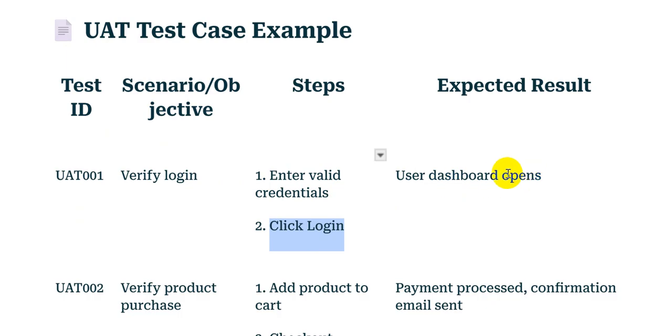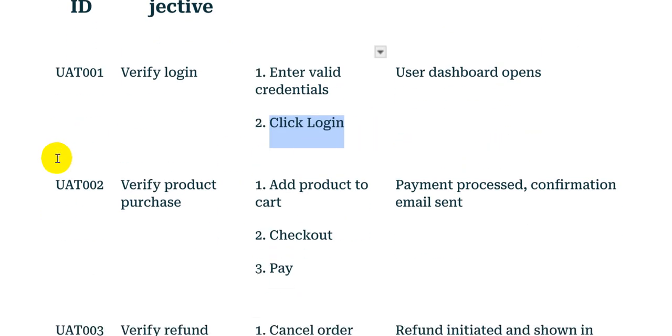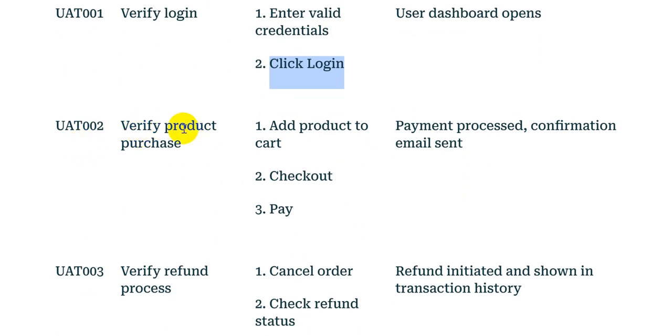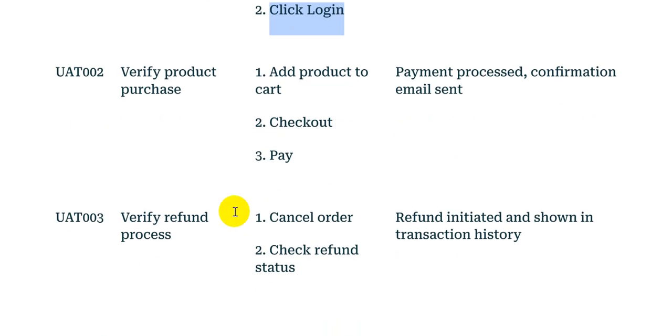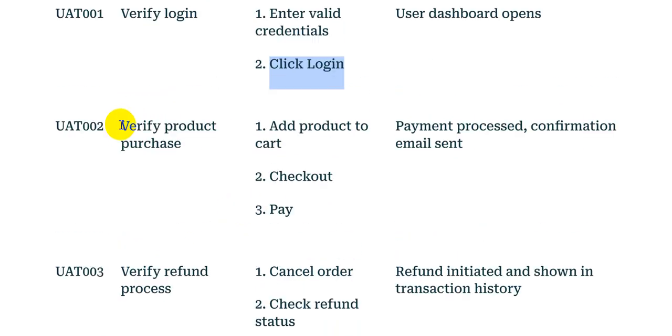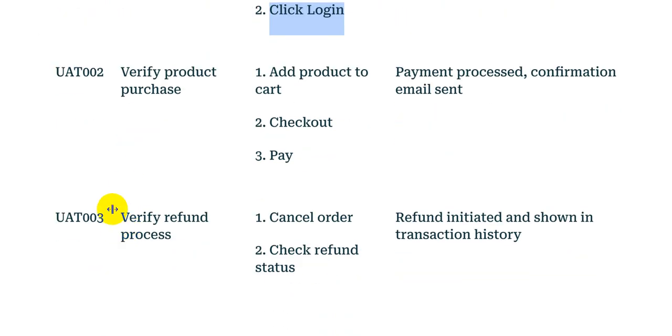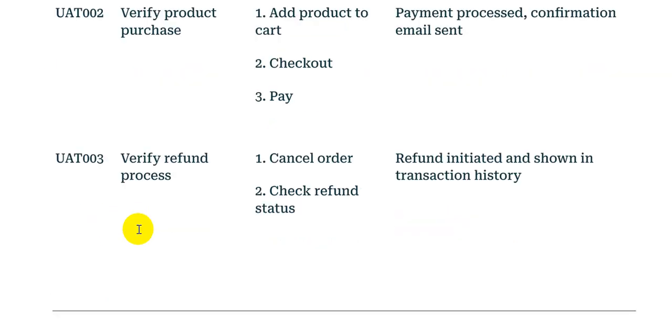Then the user should navigate to the dashboard. So, likewise, these two scenarios are also added for verify product purchase and verify refund process. There also we can generate multiple scenarios based on our application flows, based on our application functionality. For your understanding purpose, I have added these three. We can create multiple scenarios like UAT 004, UAT 005 in sequence.